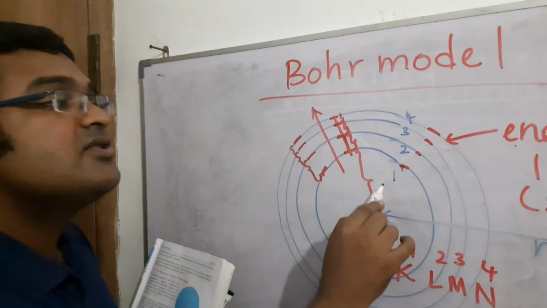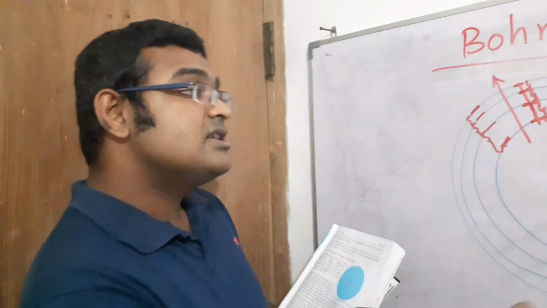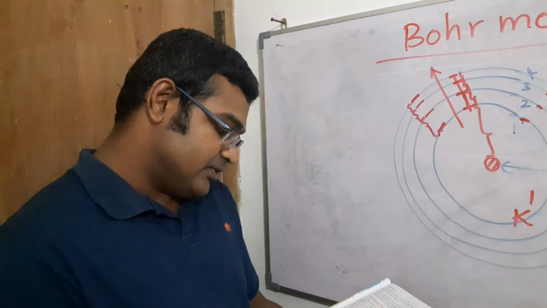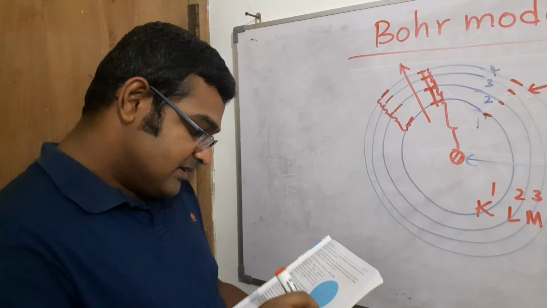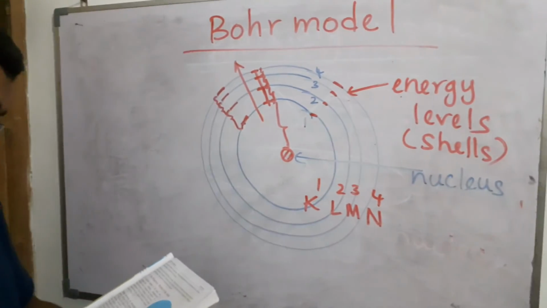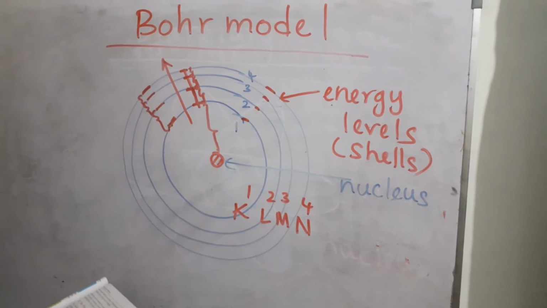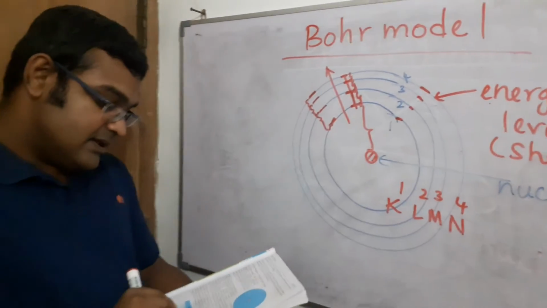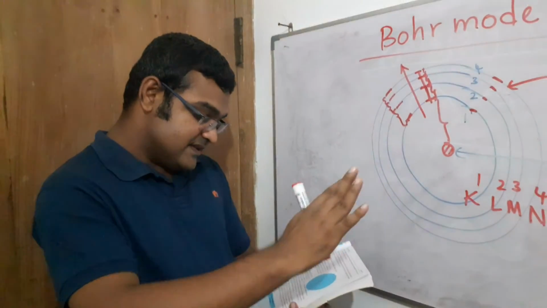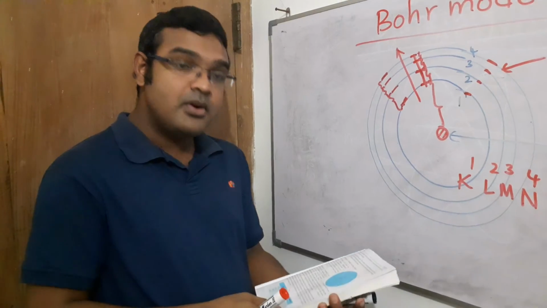So energy increases from 1 to 4, but the energy gap decreases. When moving away from the nucleus, energy increases, but the gap decreases. That is a very important point.